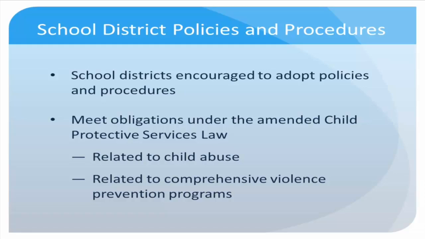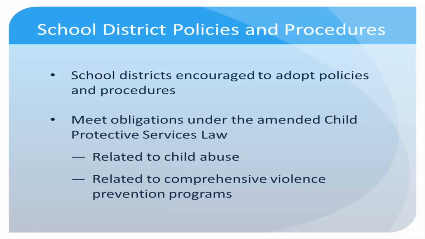Issues related to abuse of students, as well as child abuse, should be part of the school district's comprehensive violence prevention program. Planned training programs should be used to inform school employees of their responsibilities under the law and the steps to take to prevent the occurrence of abuse of students.